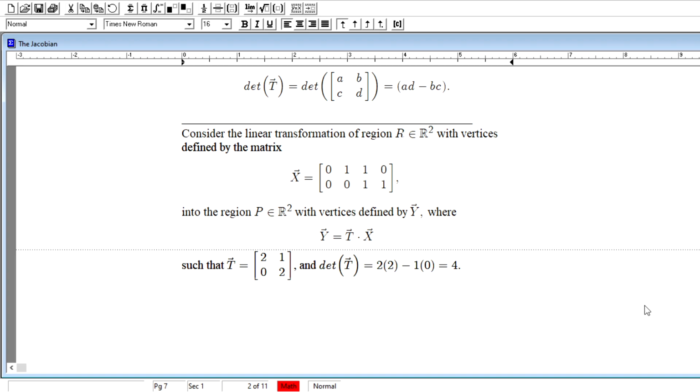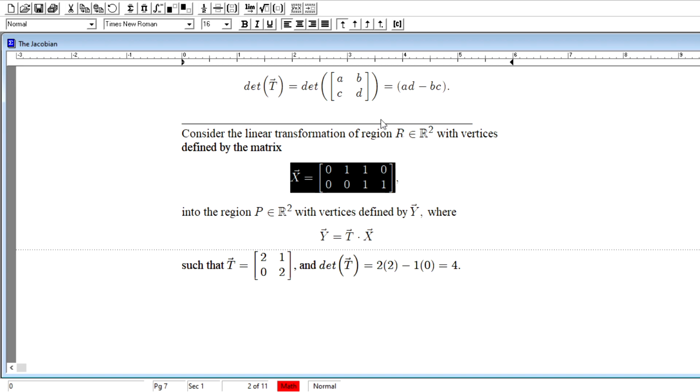So I consider the linear transformation of what we're going to define to be region R in 2-dimensional space, with vertices defined by the following matrix X bar.